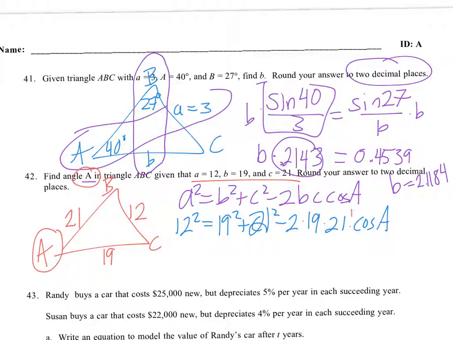I'm trying to get this by itself. And in order to do that, I've got to get rid of everything else on this side. Big idea number 2, and the thing to be careful about is that this stuff is multiplied by cosine of A. You cannot combine that with the other numbers here. So we're going to get rid of these two by subtraction first, and then do some division to get rid of the stuff over here.